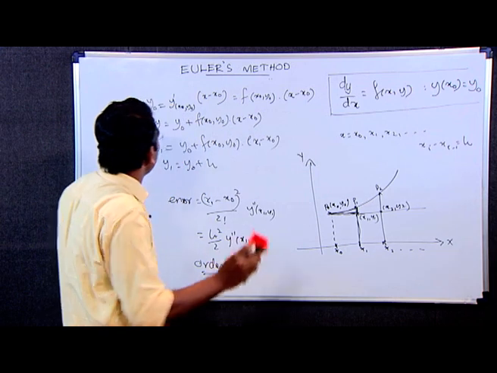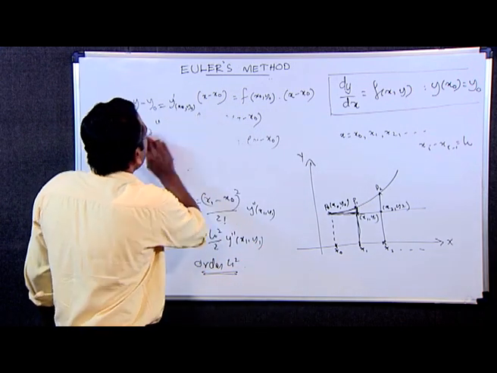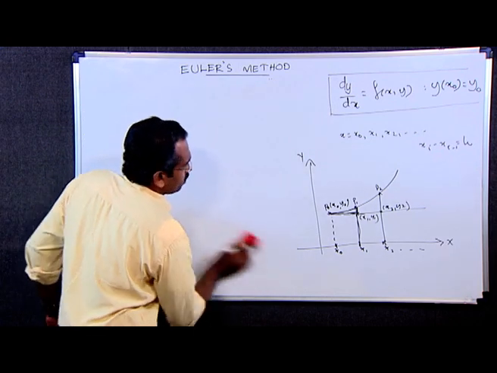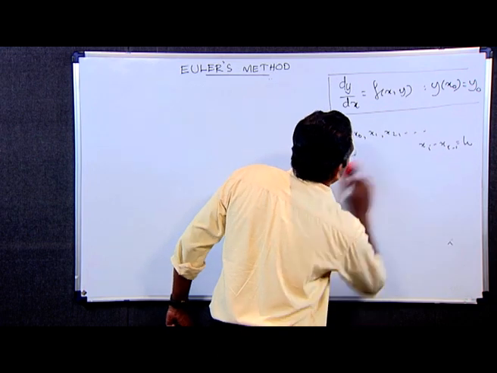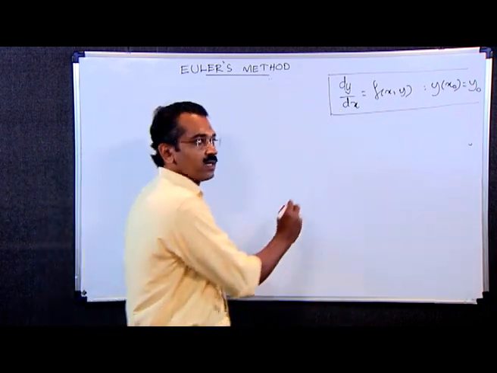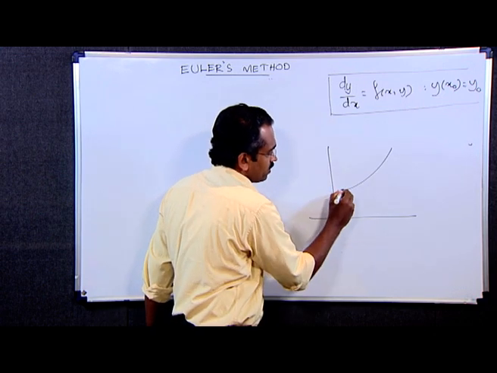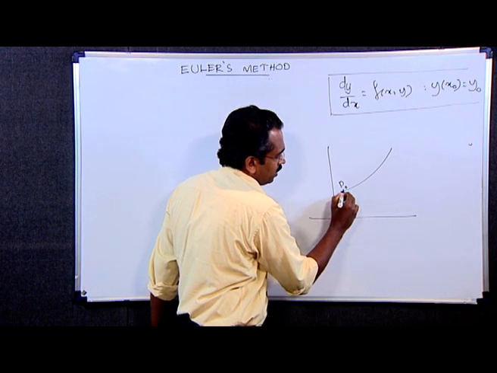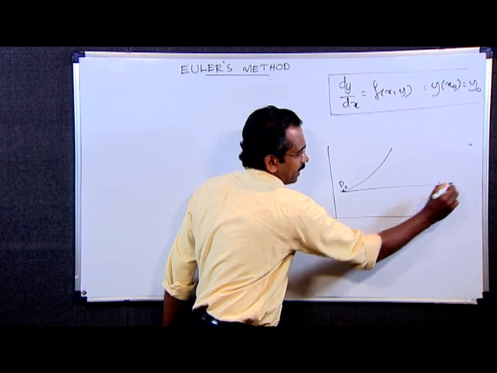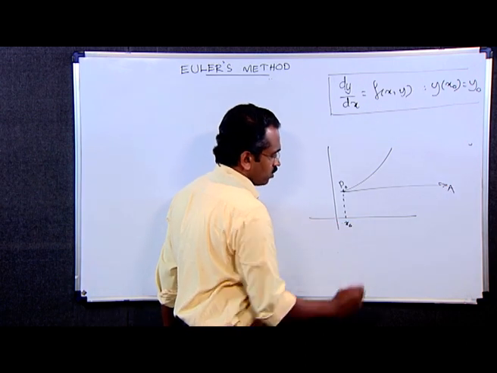Now, in the case of improved Euler's formula, let the tangent at x naught y naught to the curve be P naught A. Let this be our P naught and the tangent be denoted by P naught A corresponding to x naught.